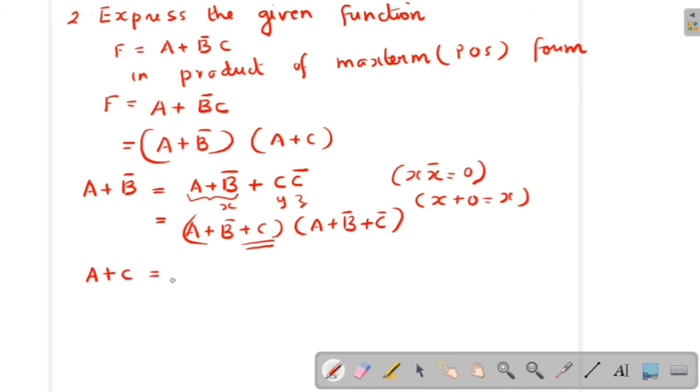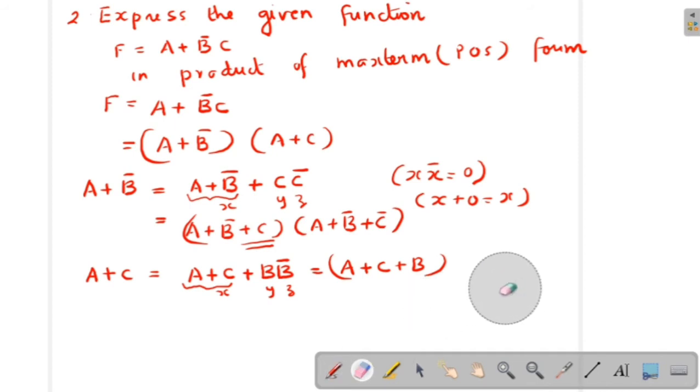In this term the missing variable is b, so we can represent a plus c as a plus c plus b b complement. Okay, that is equal to, applying the distributive law, x plus yz, that means (x plus y) into (x plus z).